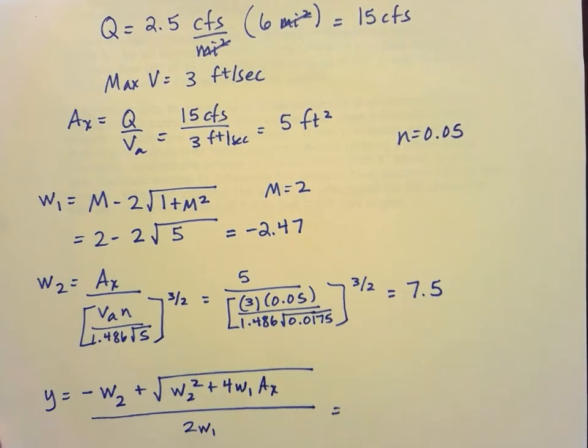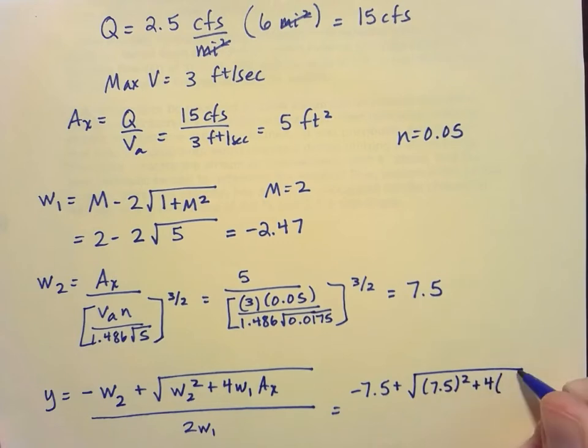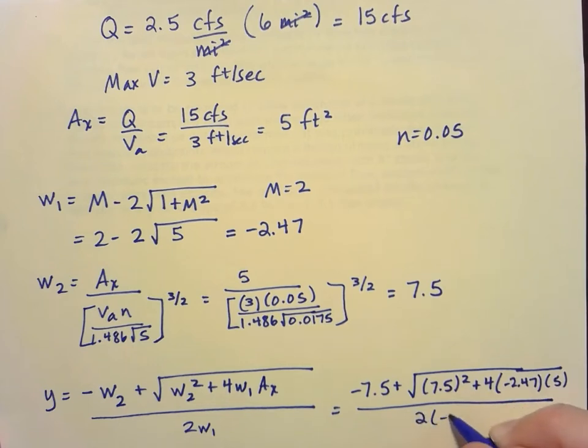W2 is the 7.5, that'll be a minus 7.5, and then we add on to it 7.5 again squared, plus 4 times the W1, remember that's a negative 2.47, and then that area is the 5. And then that's all divided by 2 times the negative 2.47.